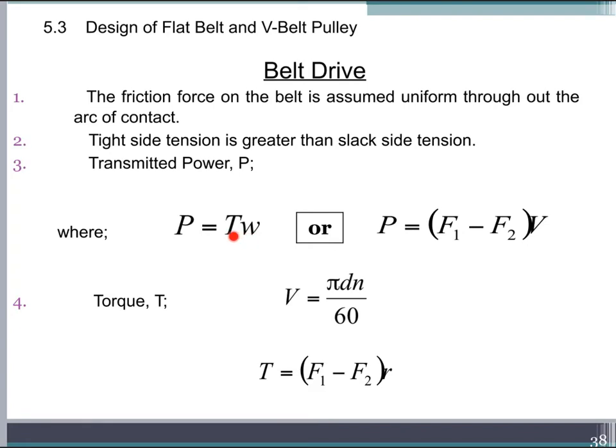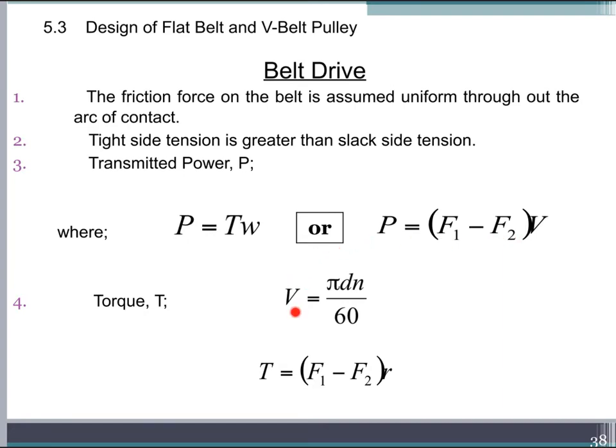So T is the torque and omega is the rotational velocity. Or we can also find the transmitted power by using P is equal to F1 minus F2 times V, the speed. So F1 is the tight side, F2 is the slack side.